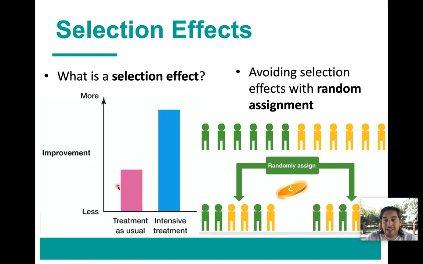So, one type of confound is a selection effect. A selection effect is when you have a systematic problem in the way that you selected your experimental subjects.